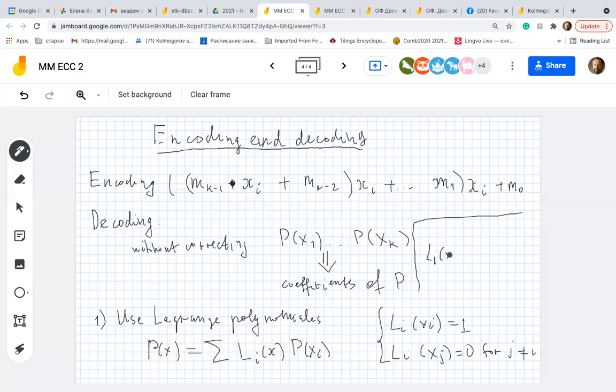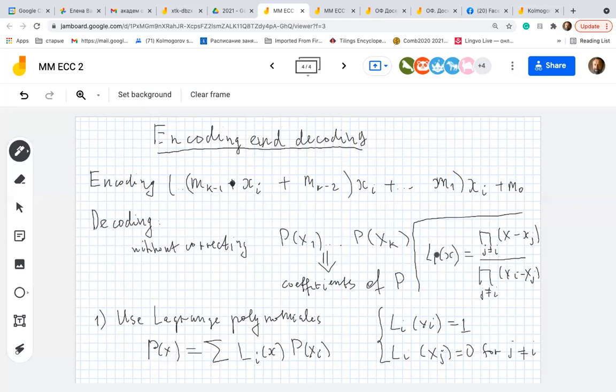Li of x is equal to the product of x minus xj over all indices j different from i, over the product of xi minus xj, where again j ranges over indices different from i.